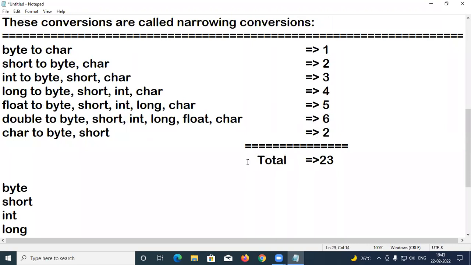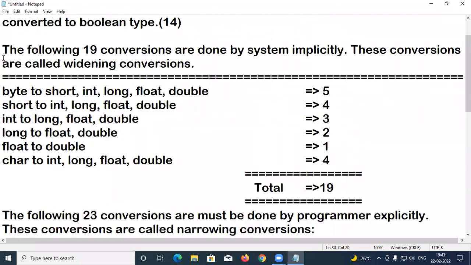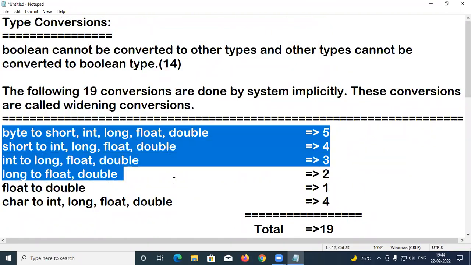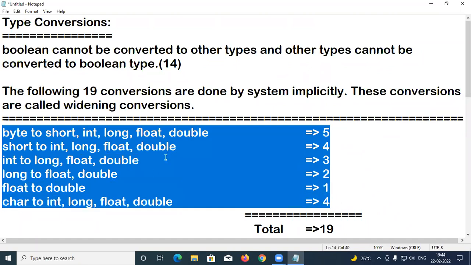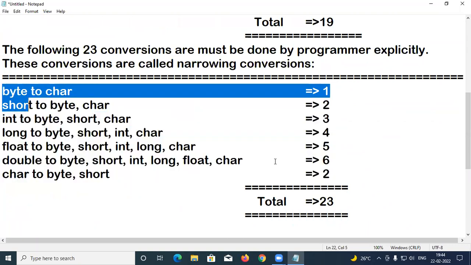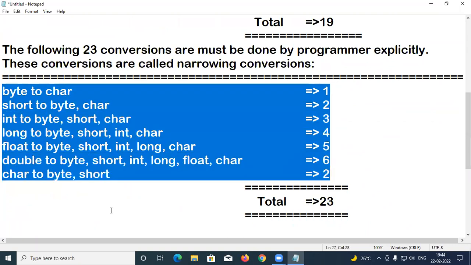Actually, this table is not required. Whatever is not there in the 19, that is the 23. This 19 is done by the system automatically. This 23 must be done by the programmer explicitly, otherwise an error comes.